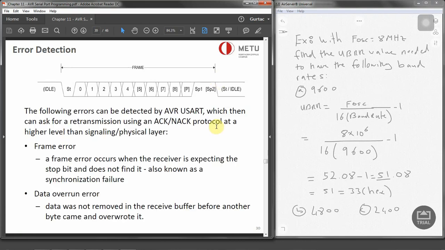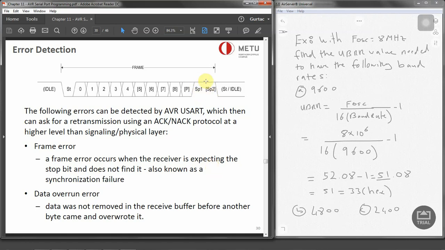Now, to detect an error, by checking the errors in there, we can set the acknowledgement and not-acknowledgement protocol for physical layers. Two types of errors, the frame error and the data overrun error, can be considered here. The frame error occurs when the receiver is expecting the stop bit and does not find it, also known as synchronization failure.